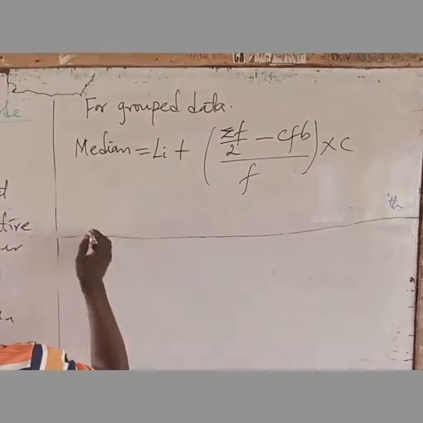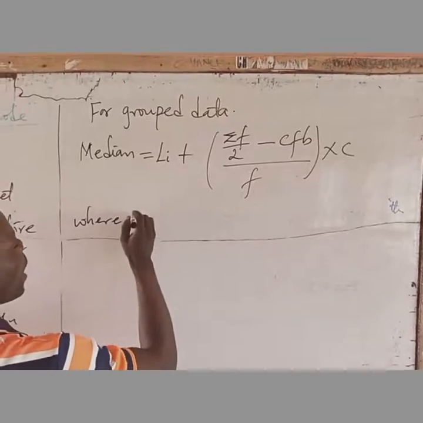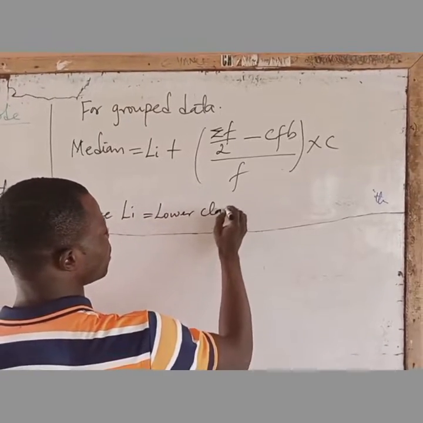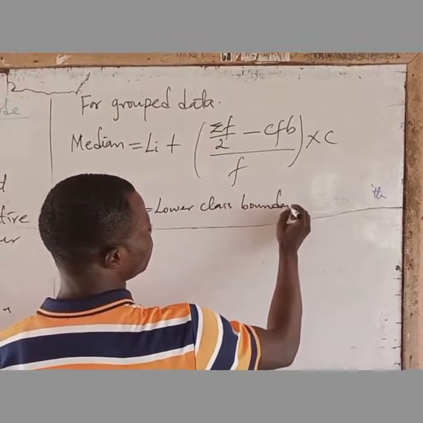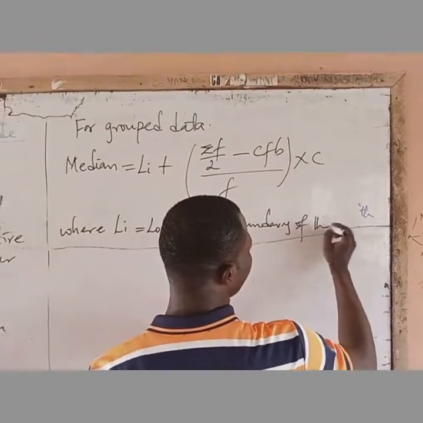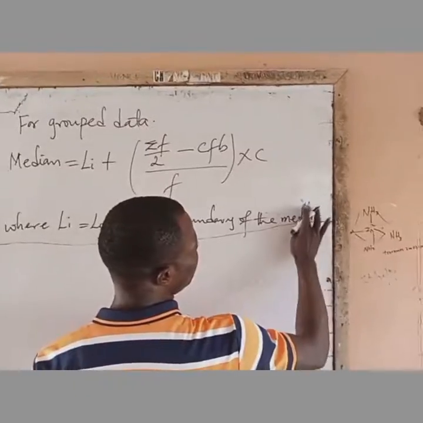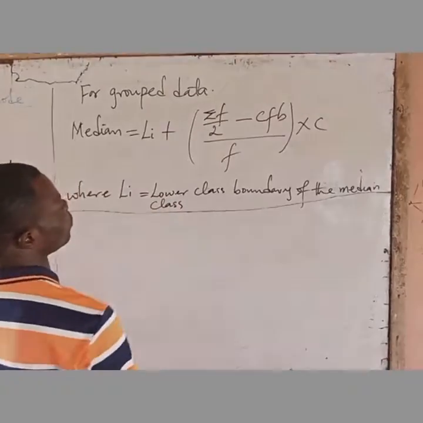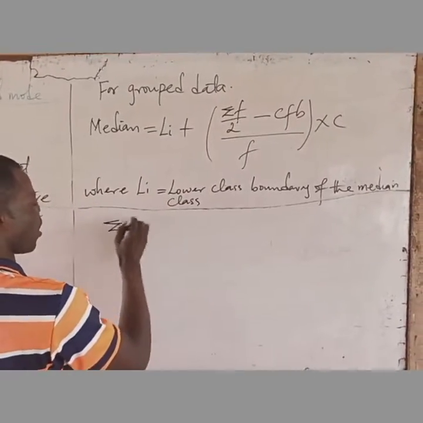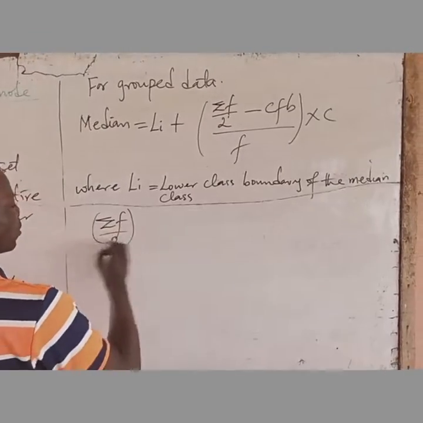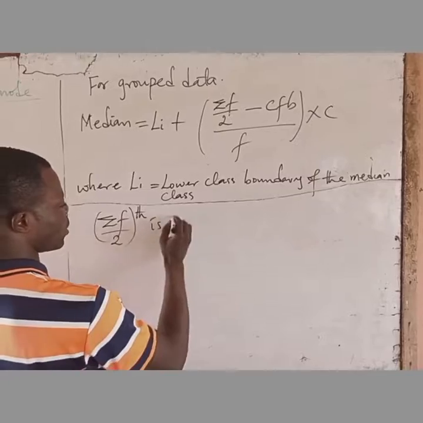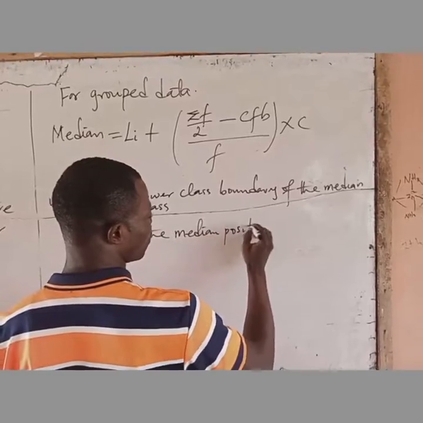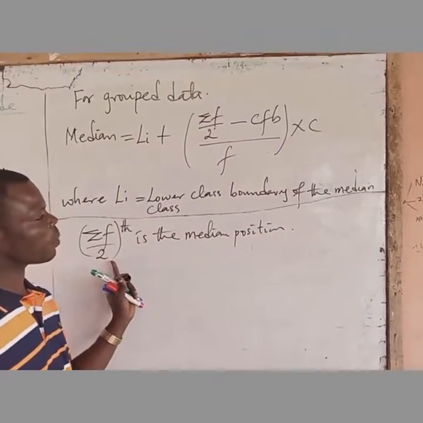Where Li is equal to the lower class boundary of the median class, then summation f over 2 is the median position. So we use this to find the median position.